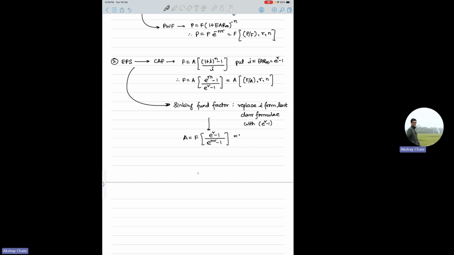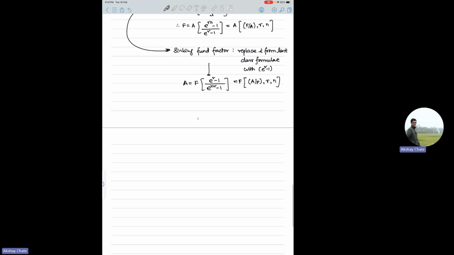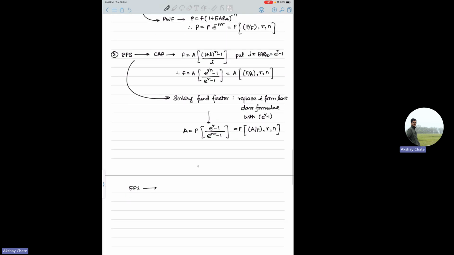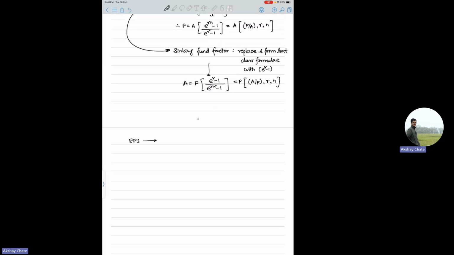Okay, and sometimes they write it as F into A by F for given r and n. Okay, so like that you'll have two more cases in the EPS series. So what are the remaining two cases? Sinking fund is done, compound is done. Then there is the capital recovery factor, right?